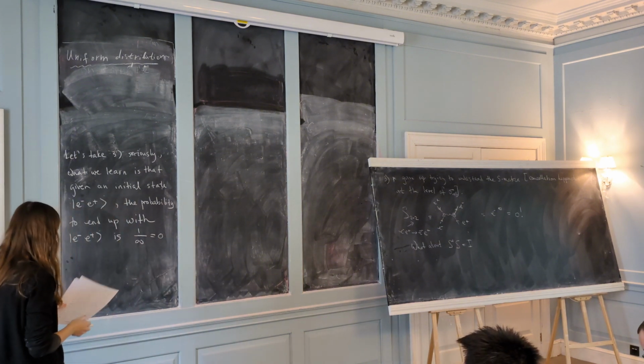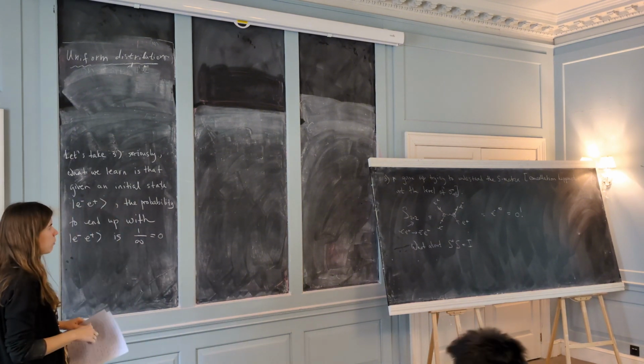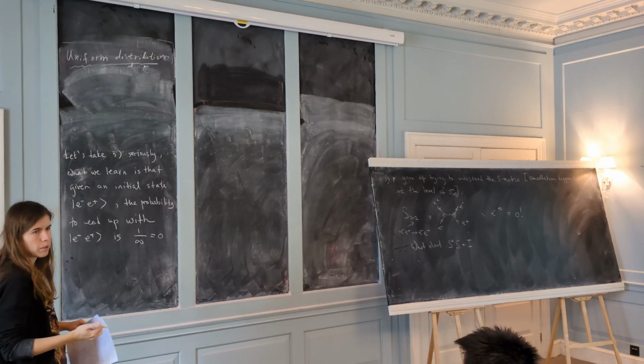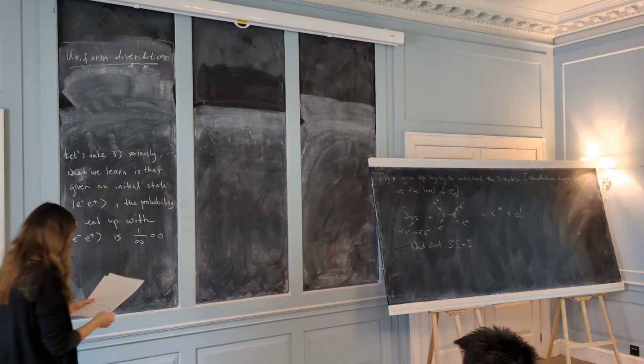And this is not so surprising because, in any scattering process, we do expect there to be infinitely many possibilities that you can end up with in the final state.